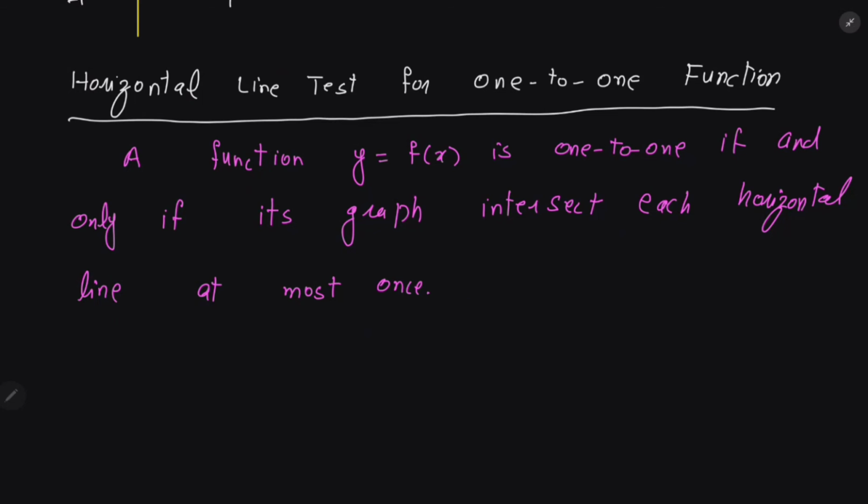So this is the horizontal line test. If you want to check whether a function is one-to-one, it should pass the horizontal line test. So this was all about one-to-one functions.